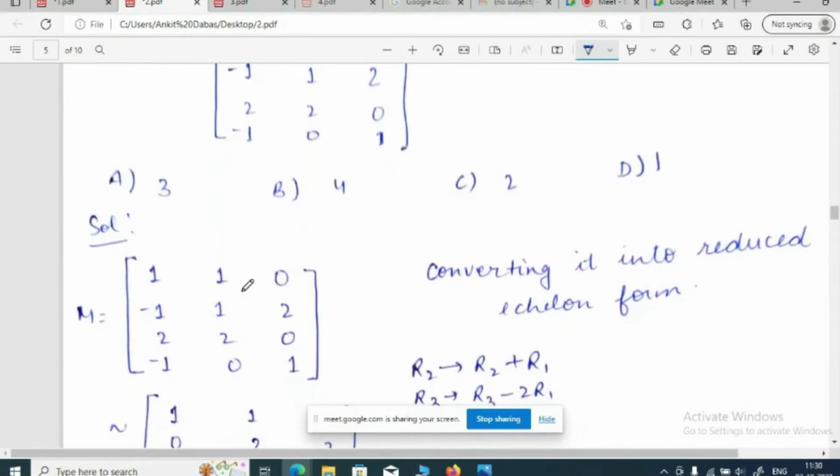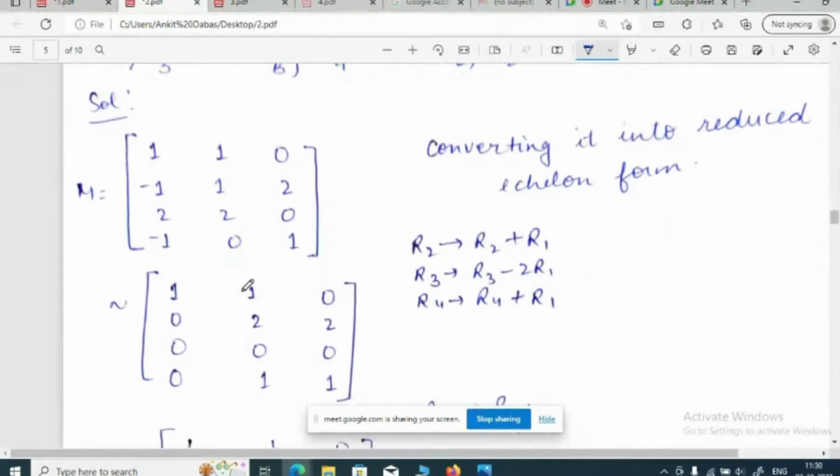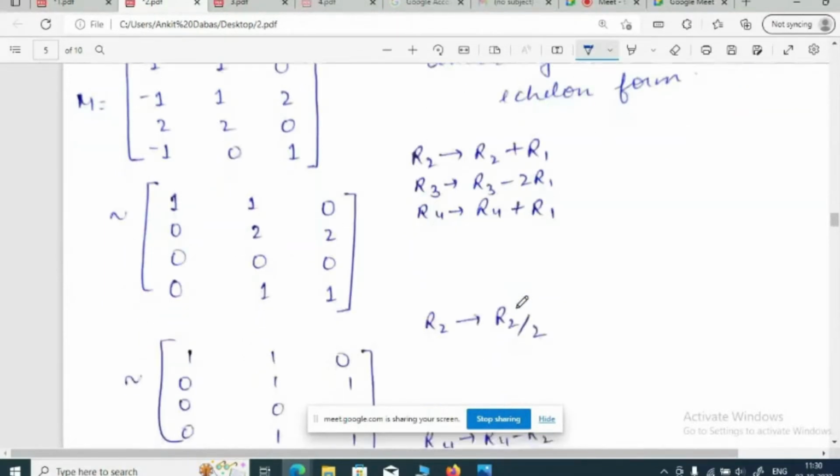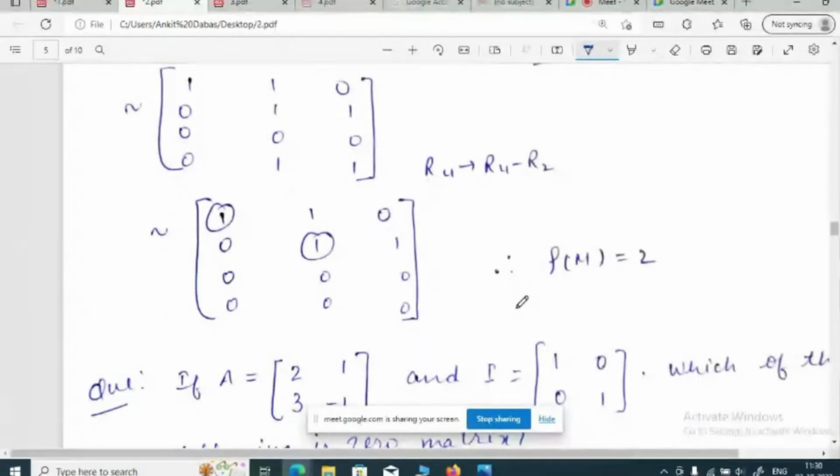We consider the matrix, which is a rectangular matrix, and convert it into row reduced echelon form. We add the first row and second row. Then R3 changes to R3 minus 2R1 and R4 changes to R4 plus R1. Continuing in the same way, we will get only two non-zero rows, and hence the rank of this matrix will be equal to 2.